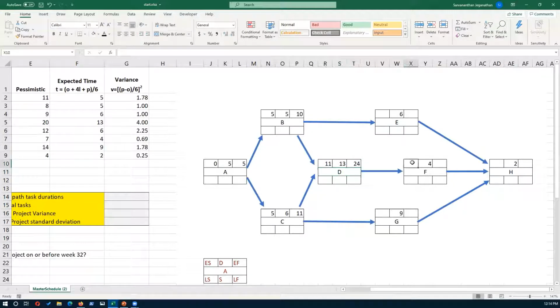Now this is dependent on only D, so you can just put 24 there. And E is dependent on B, so 10. And G is dependent on C, so it's 11. And then you can find 11 plus 9 is 20. And that is 28. And that's going to be 16.